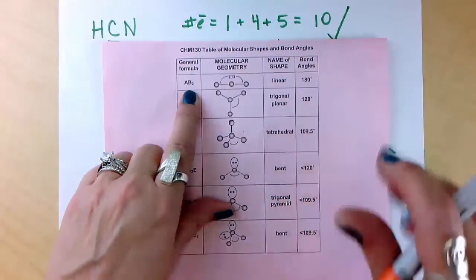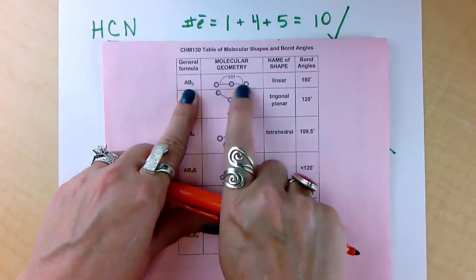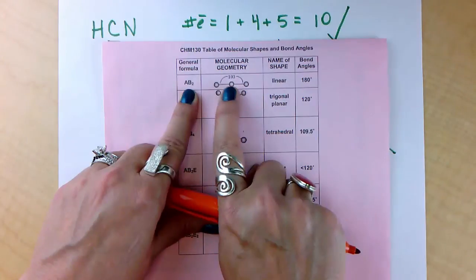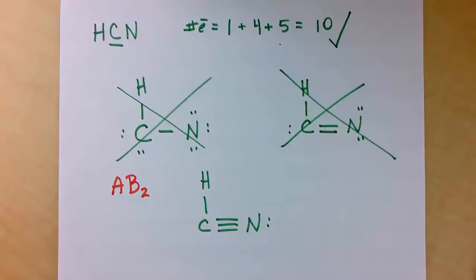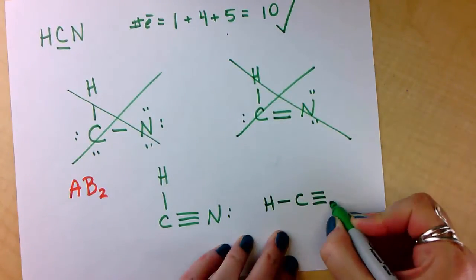It's the first one. It shows a center atom with two atoms attached to it and no lone pairs on the center atom. However, it shows it linear. We drew our Lewis dot structure bent. So actually, as far as shape goes, it would have been better to draw this in a straight line.